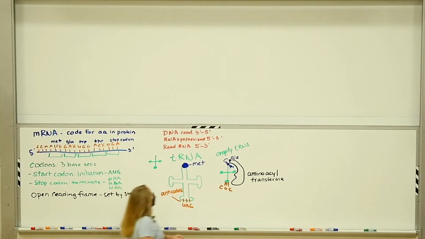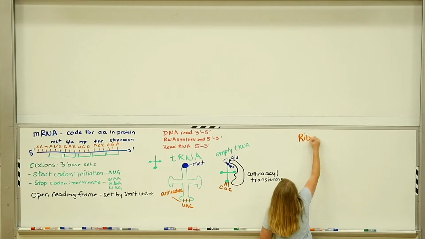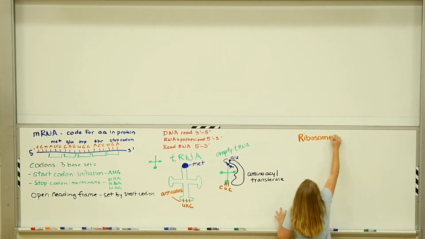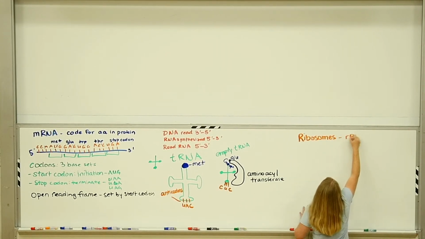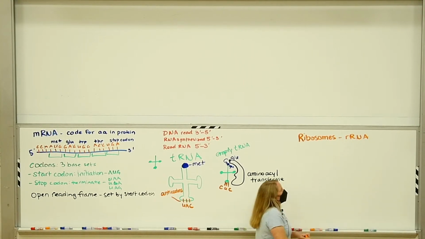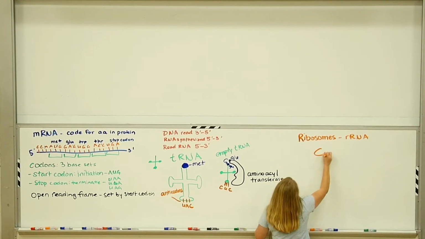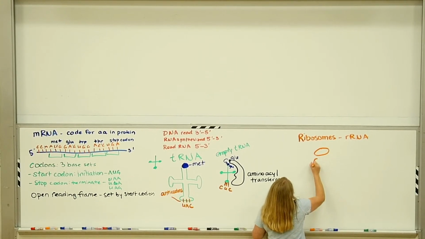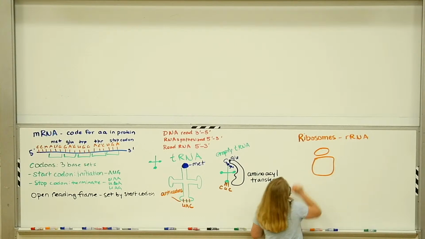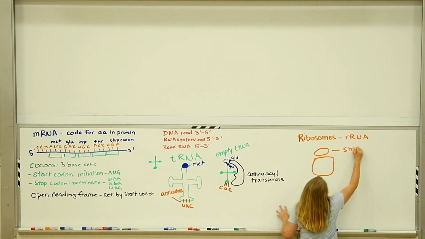The last thing we should talk about is the ribosomes. So this is rRNA. So again, instead of just being a blob, it's actually two subunits, which are going to look like two blobs. This is your small ribosomal subunit.